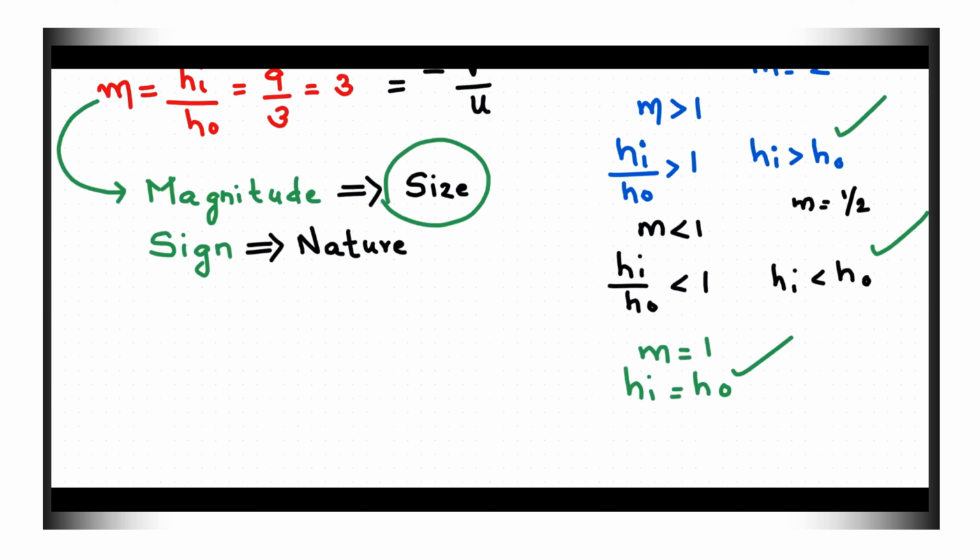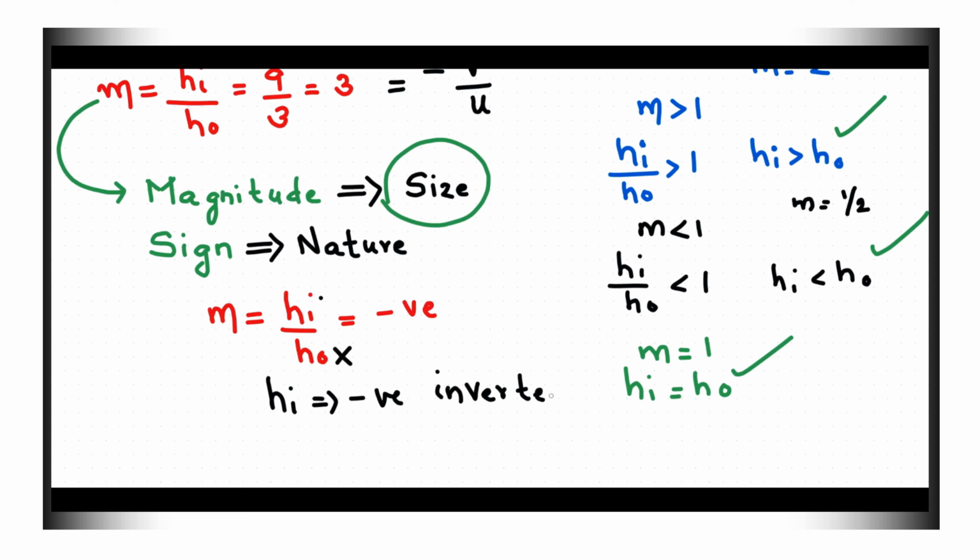What about the sign? M is equal to HI by HO. If M is negative, we know that height of the object cannot be negative, so that means HI will be negative. What is the meaning of HI negative? It means the image is inverted, and inverted images are real. Now, what if M is positive?